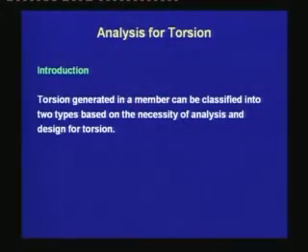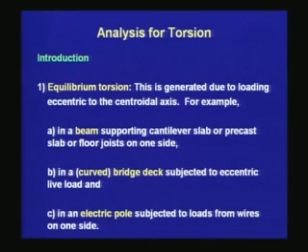Torsion in a member can be classified into two types based on the necessity of analysis and design for torsion. First, the equilibrium torsion. This is generated due to loading eccentric to the centroidal axis.